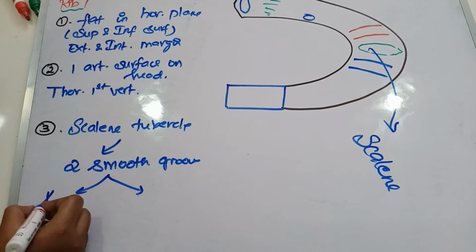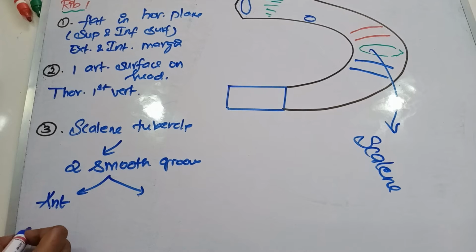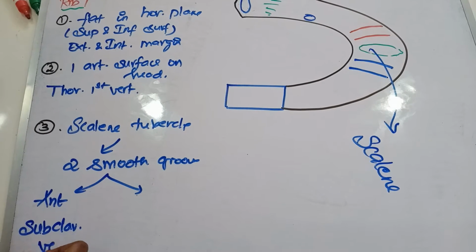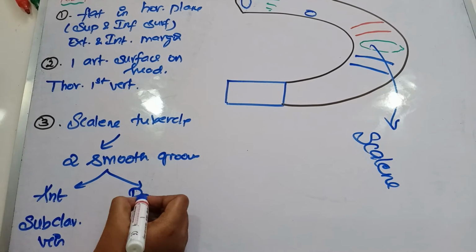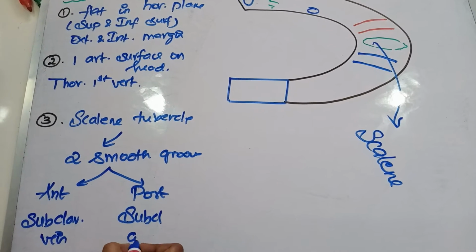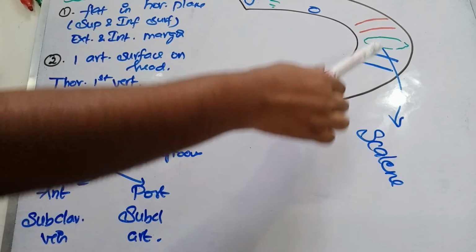The anterior groove is present due to the subclavian vein, and the posterior groove is formed due to the subclavian artery. So this is the scalene tubercle.